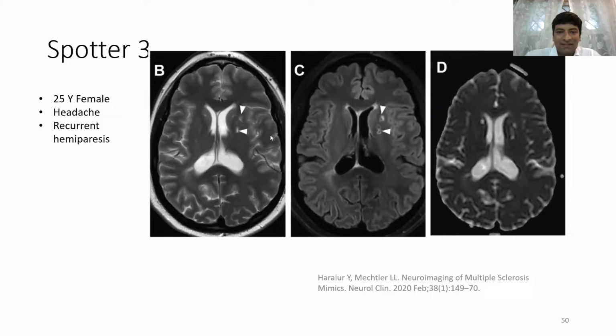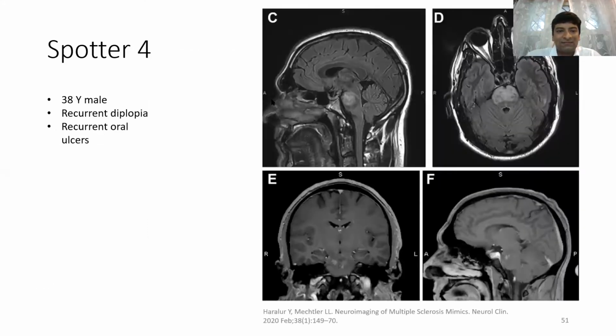And if you look at this, you can see that there are lacunar infarcts, which are actually showing some diffusion restriction. So this pattern usually suggests multiple strokes in a young woman with headache. So this would be angiitis, right? Vasculitis. So multiple subcortical and cortical strokes, primary CNS angiitis is a diagnosis here.